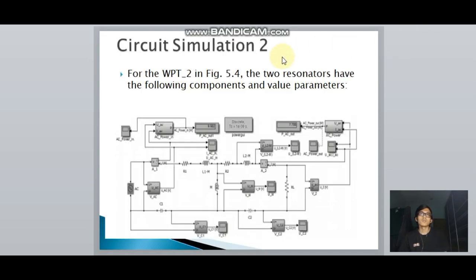In order to achieve the desired efficiency, we came up with a second circuit design. This is the circuit. In the circuit there are two resonators, L1 and L2 here, with the AC source only.